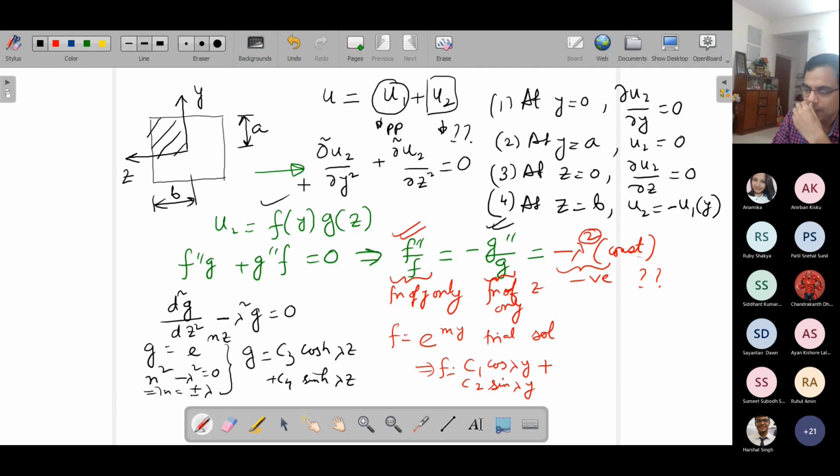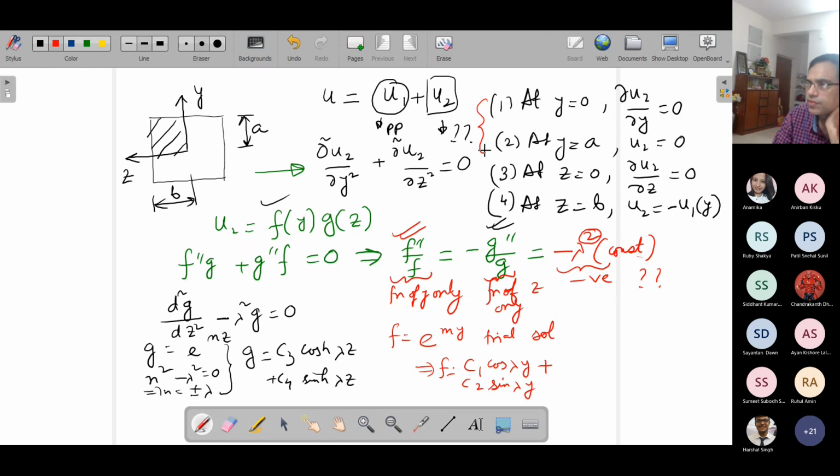But we are a little bit far away from getting the solution because we already have some constants and we have not yet found out the values of those constants. So to find that out, let us concentrate first on F. F dependence will come from these two.